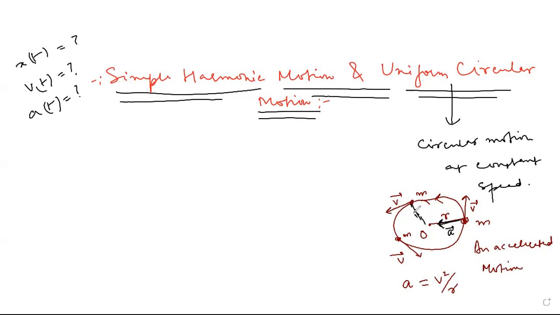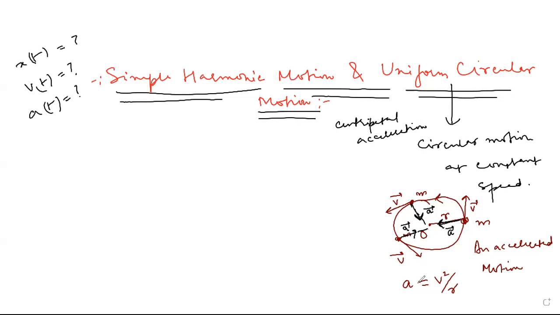Here it will be this way. Here at this instant, this vector will be pointing this way. So we call it centripetal acceleration.